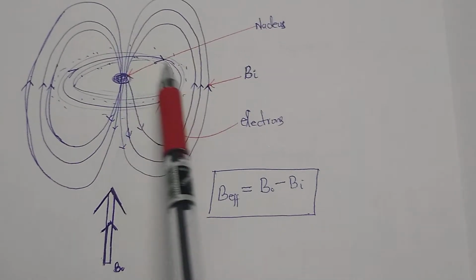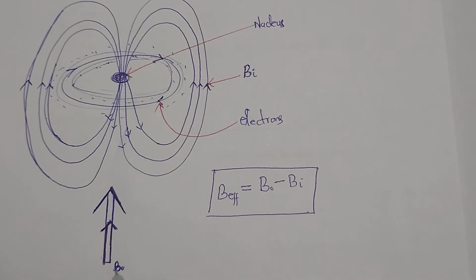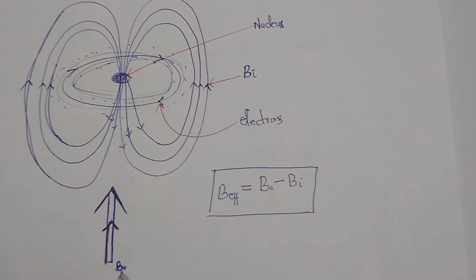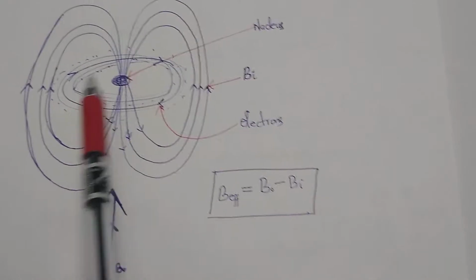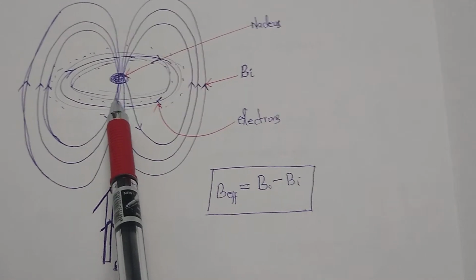Here, the nucleus is surrounded by an electronic environment. When we apply the external magnetic field B0, the electrons align their movement in such a direction that it generates a magnetic field of their own.